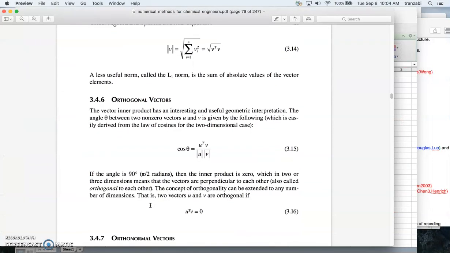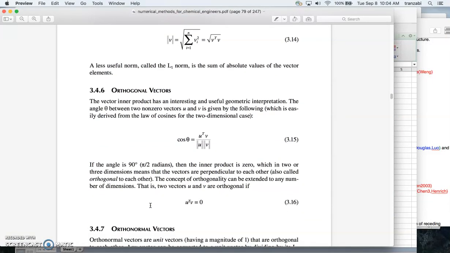We have the definition of orthogonal vectors. Orthogonal vectors means the transpose of the first times the second gives you 0. Geometrically it means the angle between them is 90 degrees. I mean, this vector is perpendicular to the other vector. So u is perpendicular to v. Mathematically, that is proven by showing that u transpose times v, the dot product of u and v, is 0.